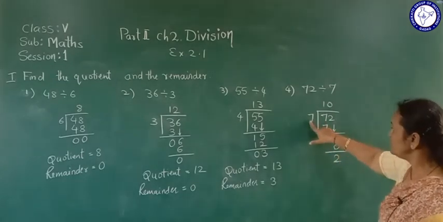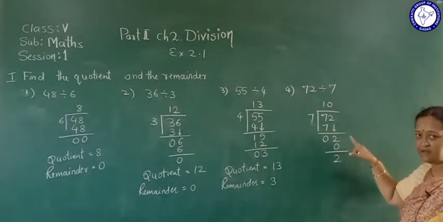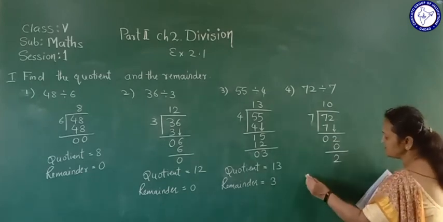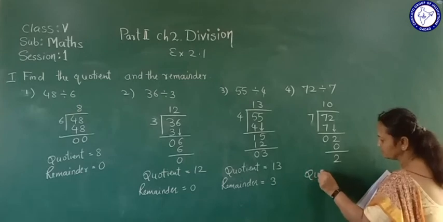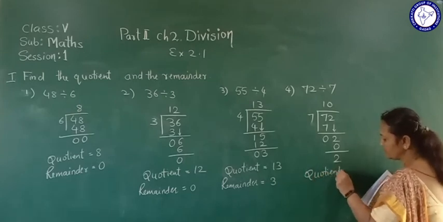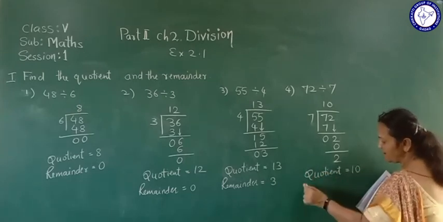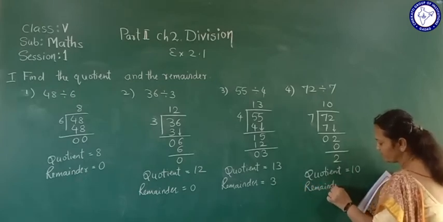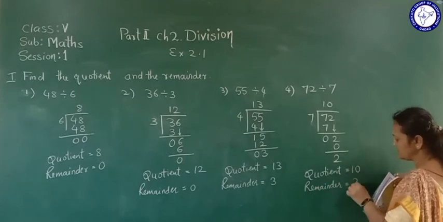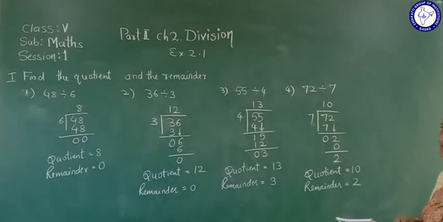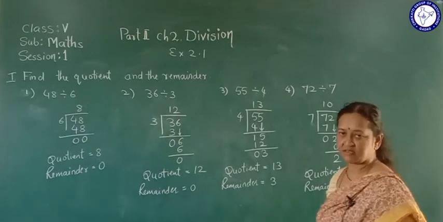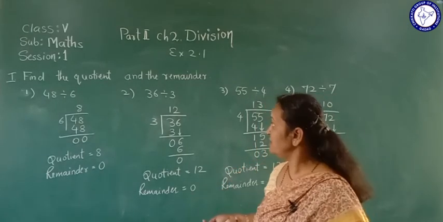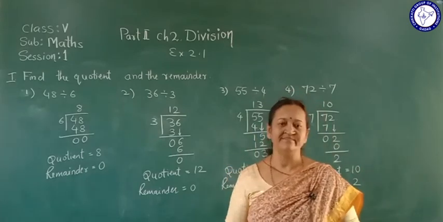So what do we do? 7 zeros are 0, we write. 2 minus 0 is 2. So here the quotient is 10 and the remainder is 2. Is this understood? Then the remaining questions of this exercise we will solve in our next session. Till then, thank you children.